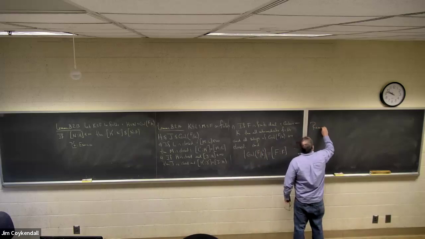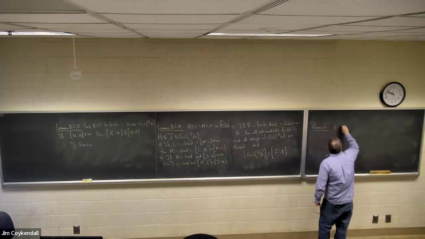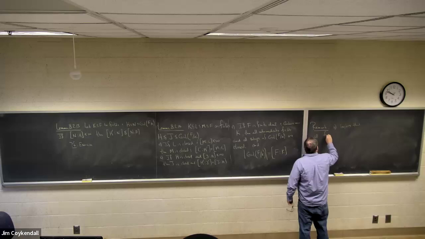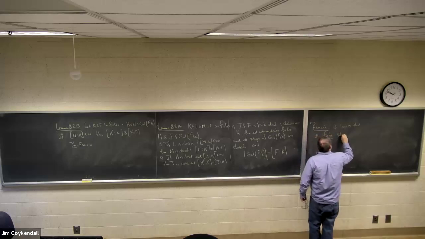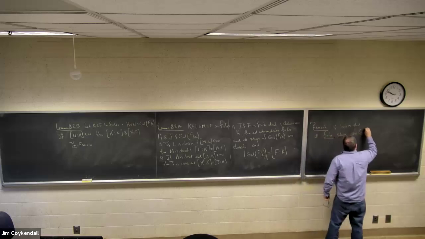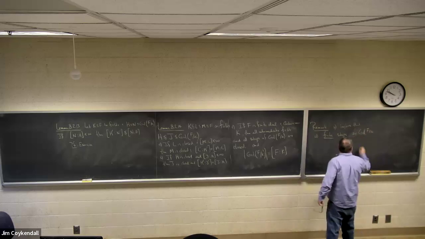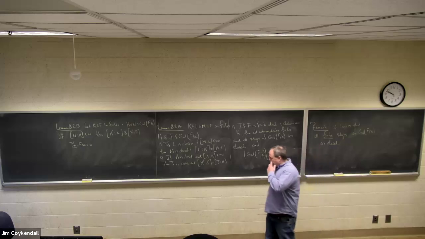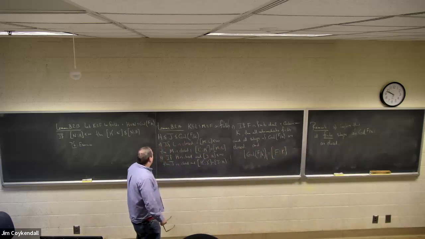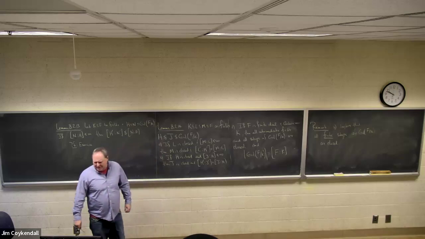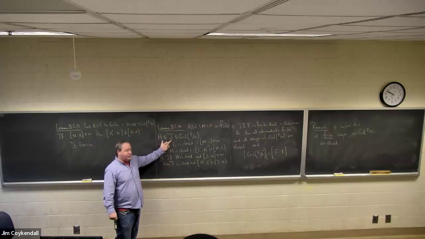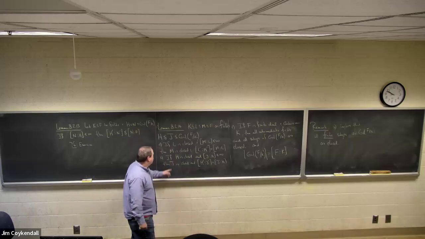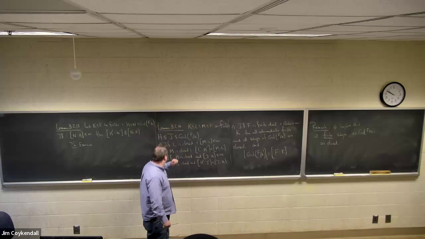Remark: B implies that all finite subgroups of the Galois group of F over K are closed, right, because all you have to do is take H to be one, J to be a finite group, and then of course this index is finite.